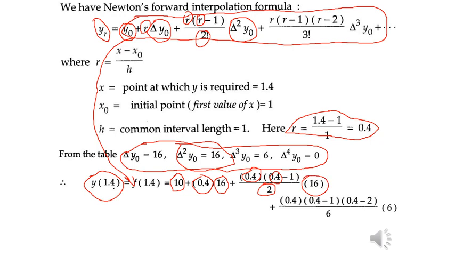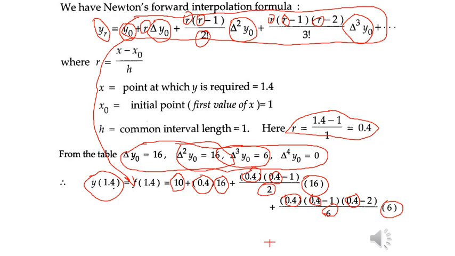The next term is r into r minus 1 into r minus 2 divided by 3 factorial, which we have put here. 3 factorial is 6, into delta cube y naught. What is delta cube y naught? It is 6. So put 6 here, and we have not written the next term. Why?